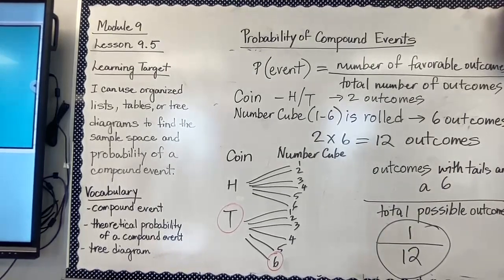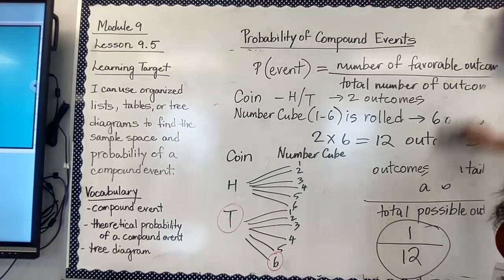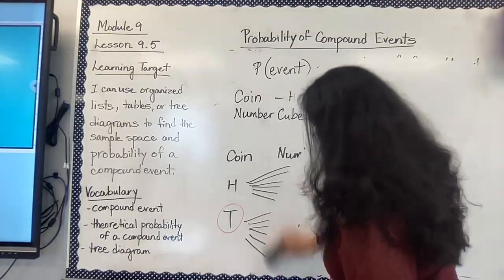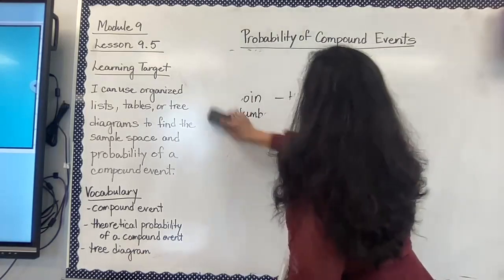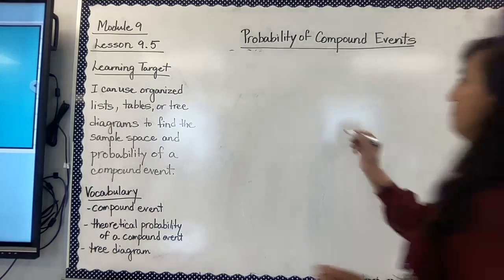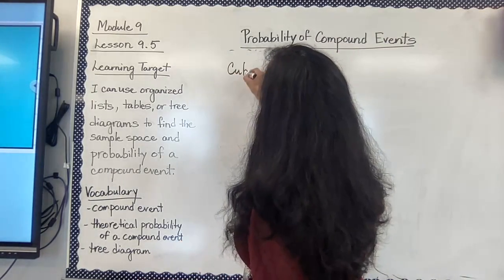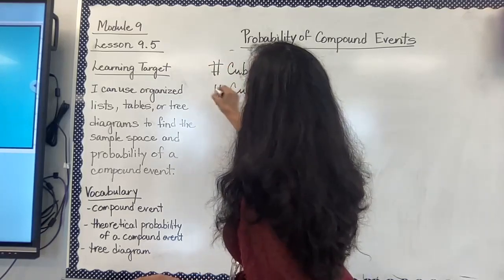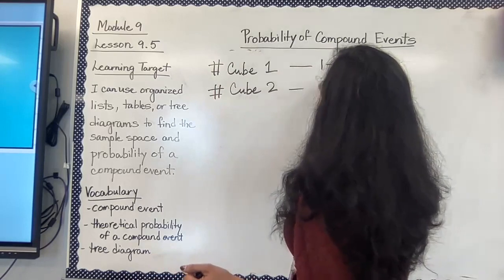Okay, now let's talk about finding probabilities of compound events, and we are going to say 2 number cubes. All right, so 2 number cubes, each labeled 1 through 6, are rolled. Okay, so this is number cube 1 and this is number cube 2.